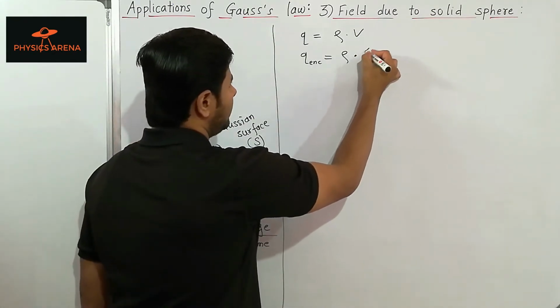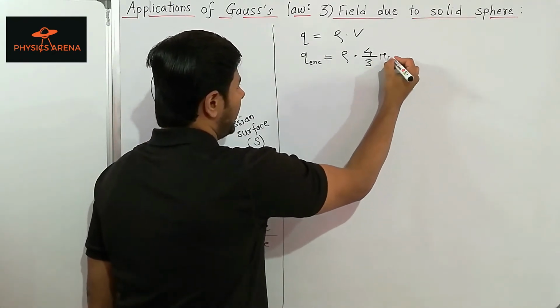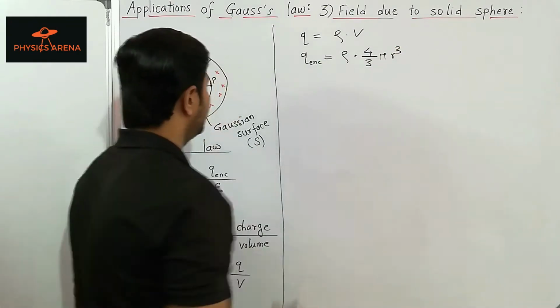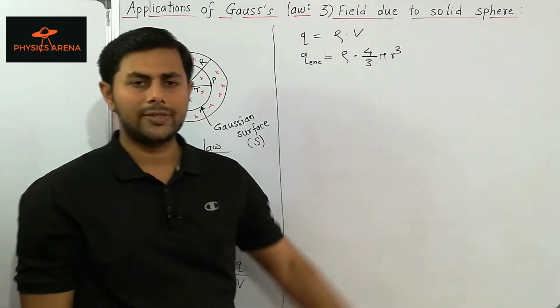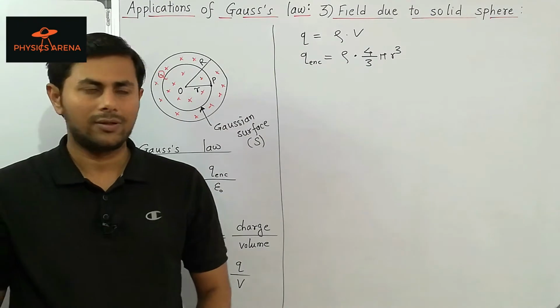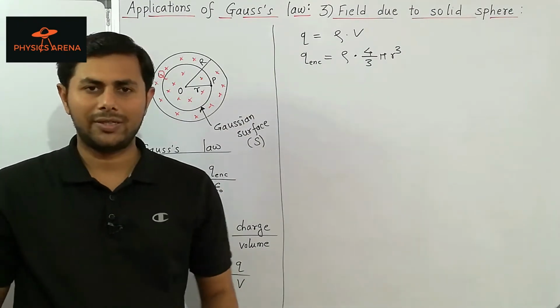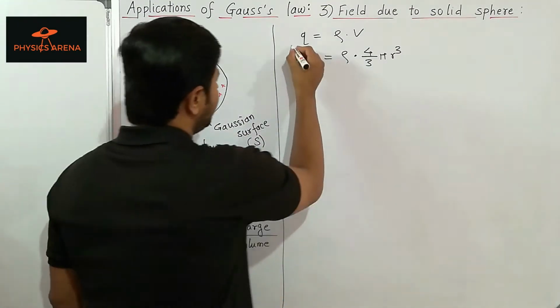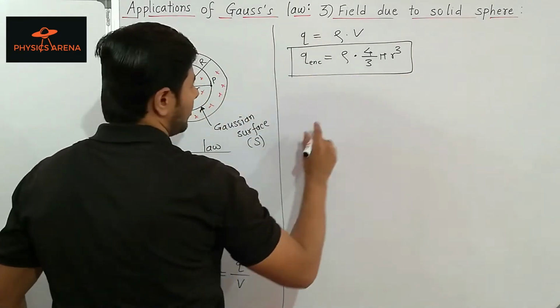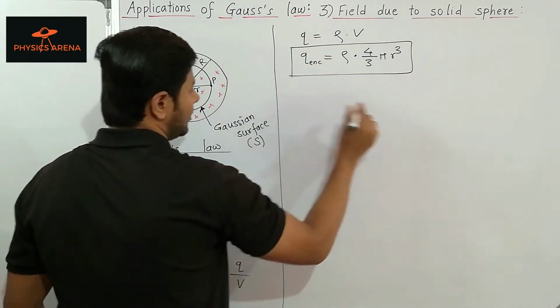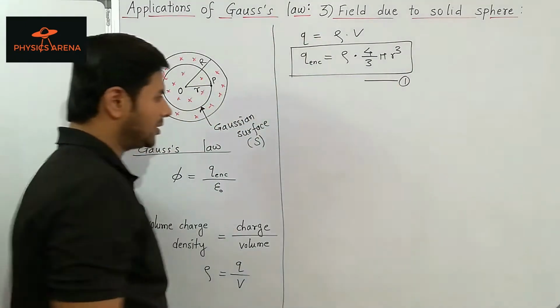And that volume is just 4 by 3 pi r cube, where r is the radius of the Gaussian surface. So we have calculated the charge enclosed. Rest of the things are the same as in the previous case. Let's call this equation number 1.